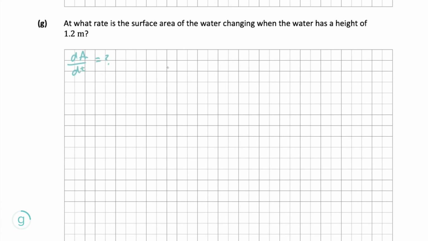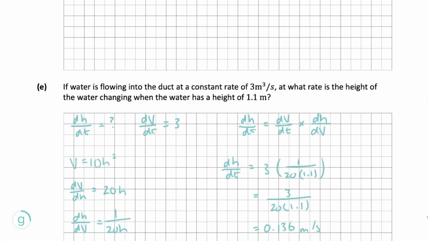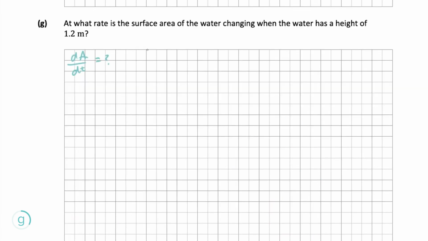We already know from part E that dH/dt is 3 multiplied by 1 over 20h. So dH/dt is equal to 3 over 20h. Now we know that we want to find dA/dt, and we know dH/dt.